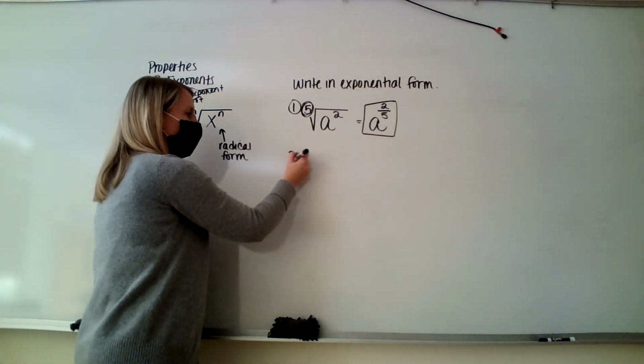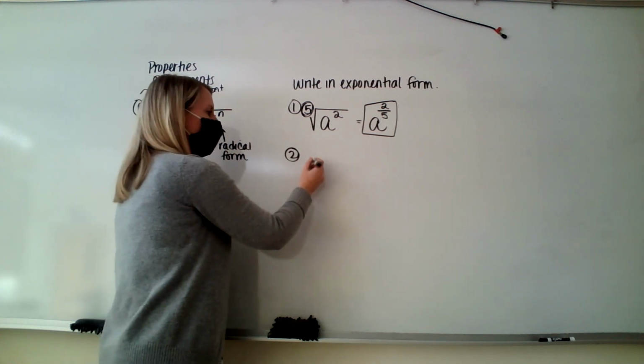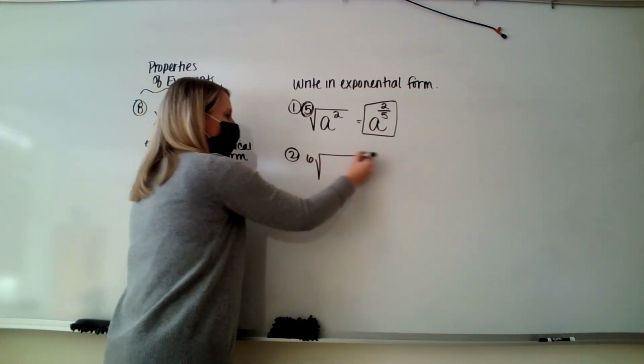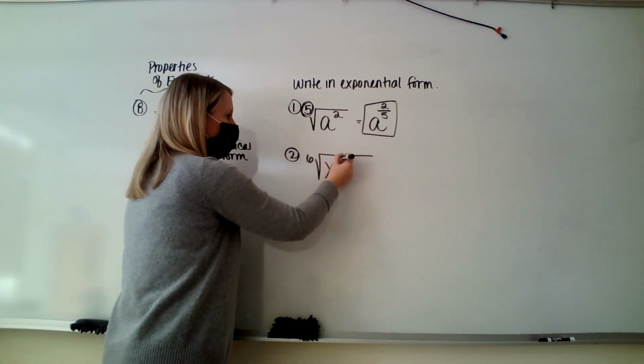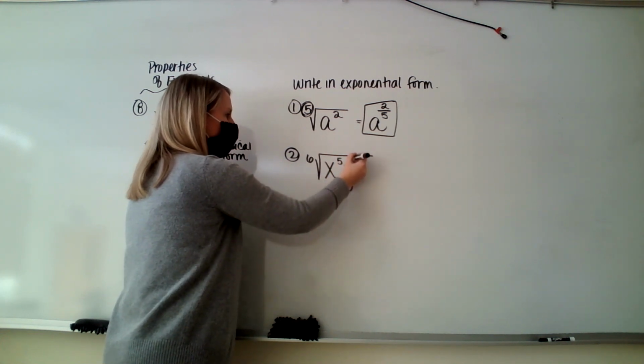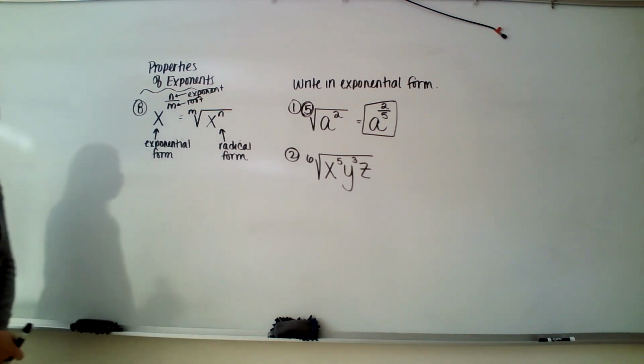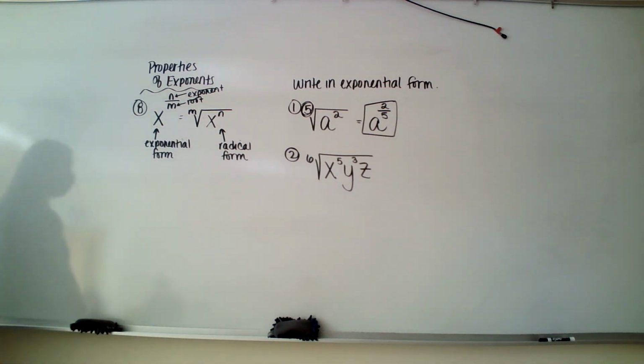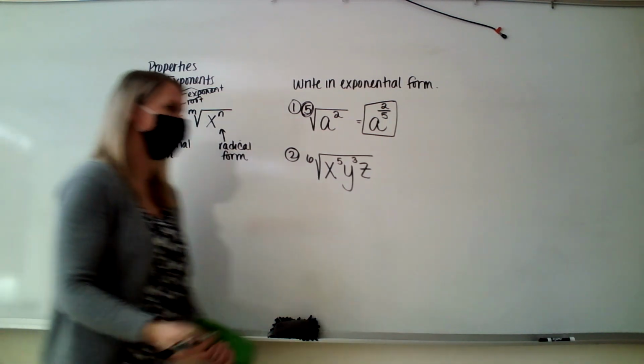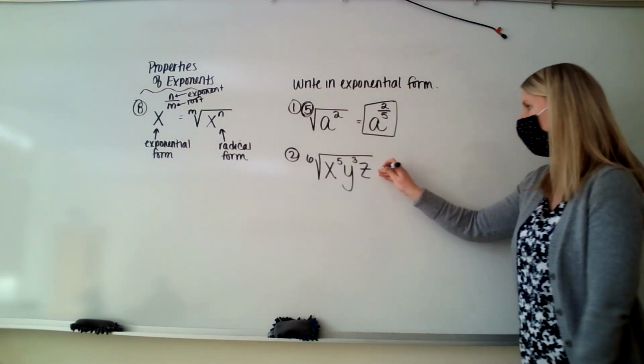All right, so let's look at one that has more than one base. Let's say we have the 6th root of x to the 5th, y to the 3rd, z. They're all under the same root, but we want to write them all as exponents. So let's go through. We take each individual base.